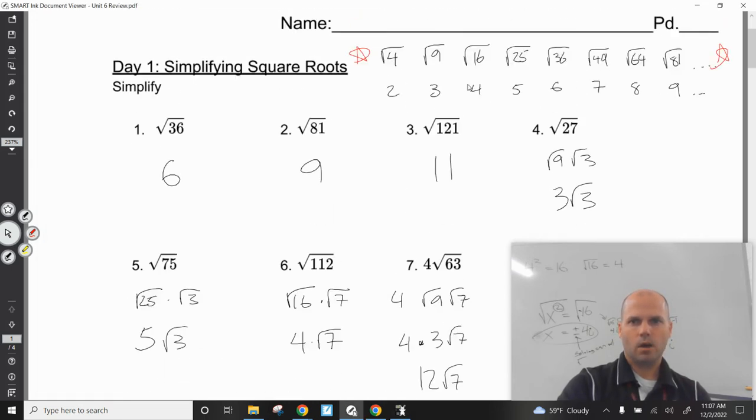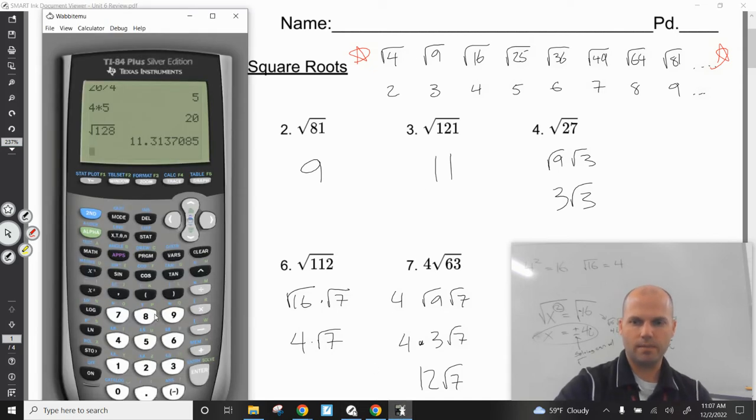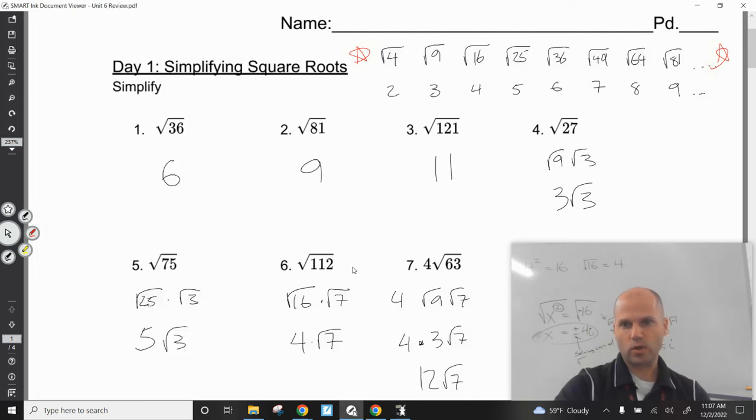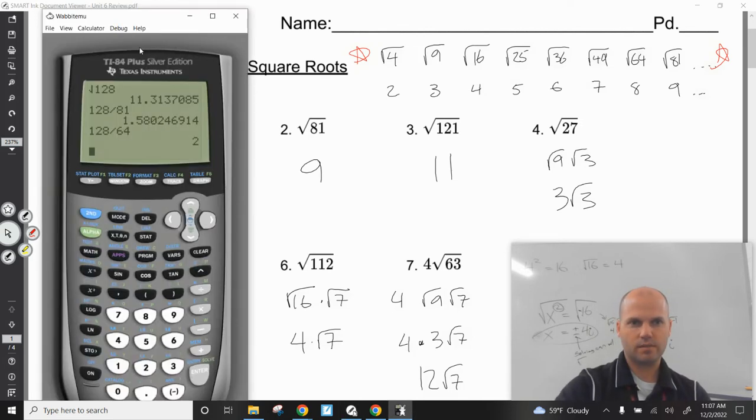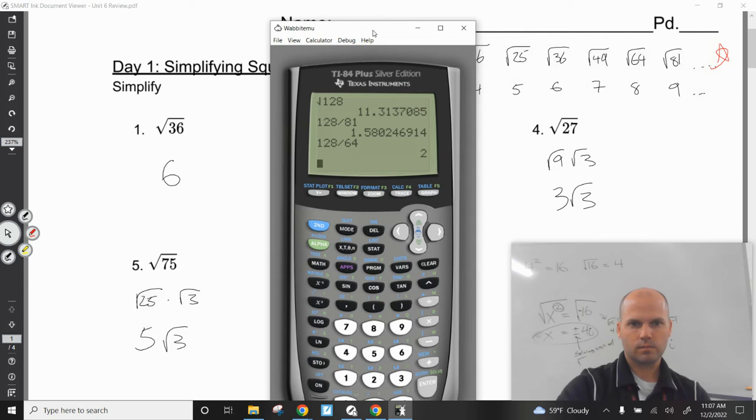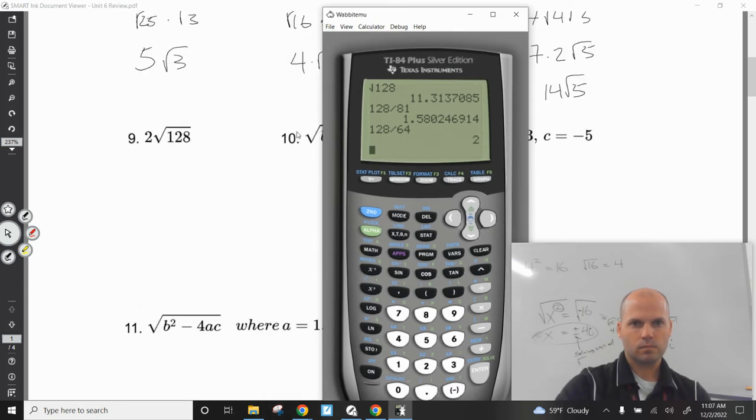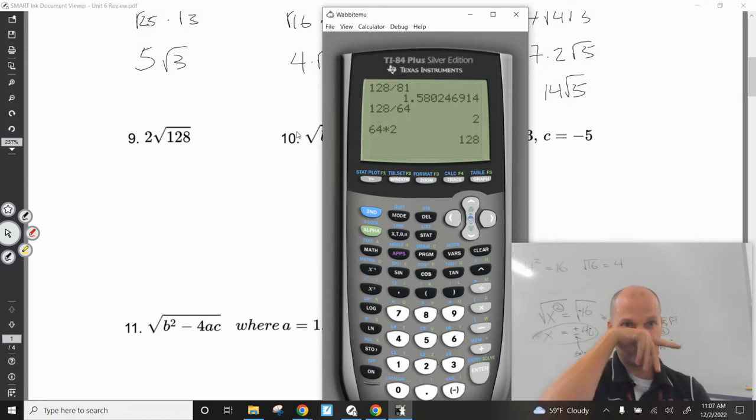Do any of these numbers go nicely into 128? Let's see. Let's try 81. Let's try 64. Ooh, 64. 64 times 2 is 128. So root 64 times root 2 is root 128.